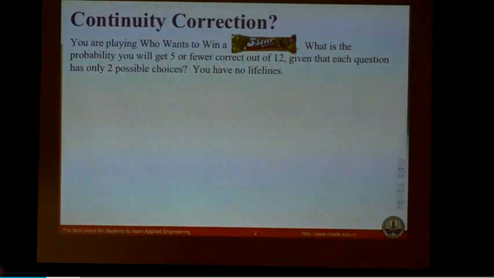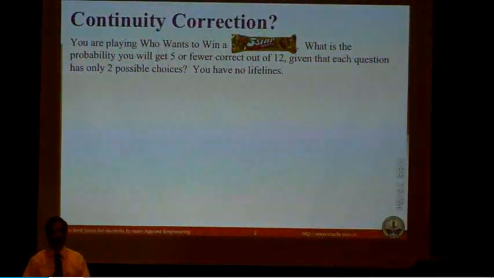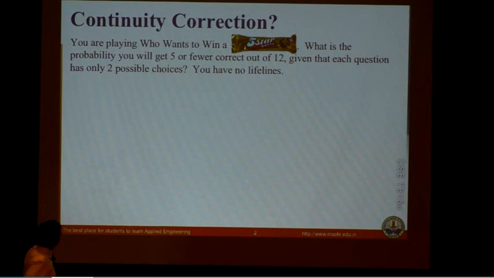So 5 or fewer. How do we get the binomial probability? nCr, p to the power of r, q to the power of n minus r. n is 12. p is 0.5. 2 possible answers, so the probability of answering this or that way is 50-50.